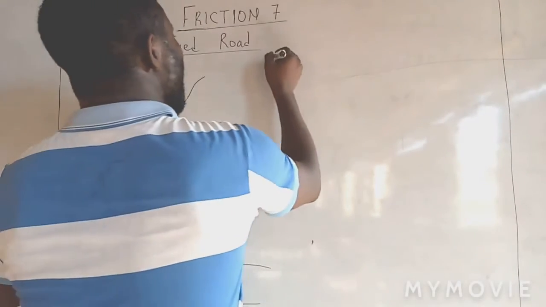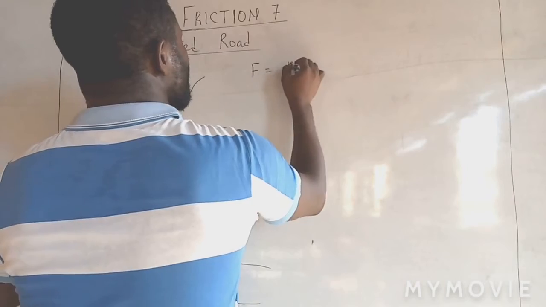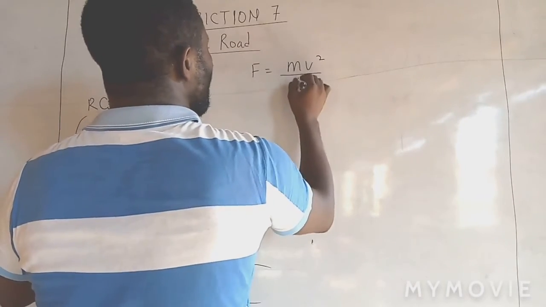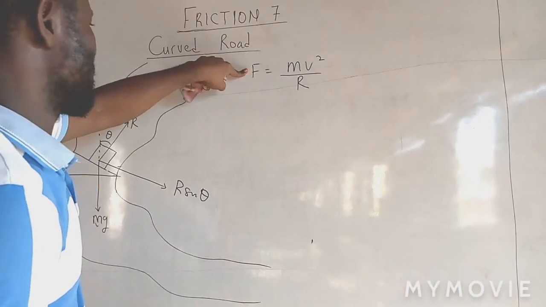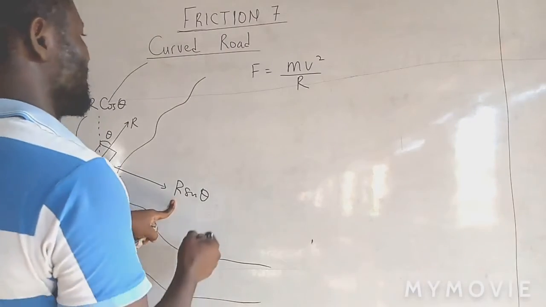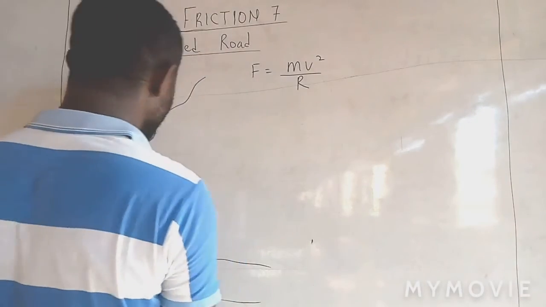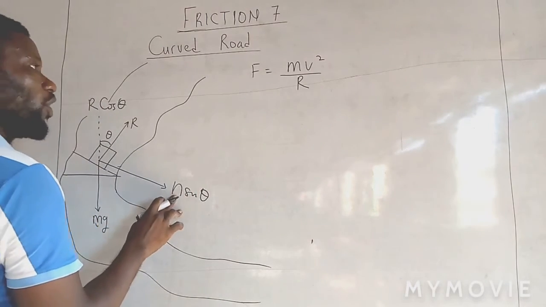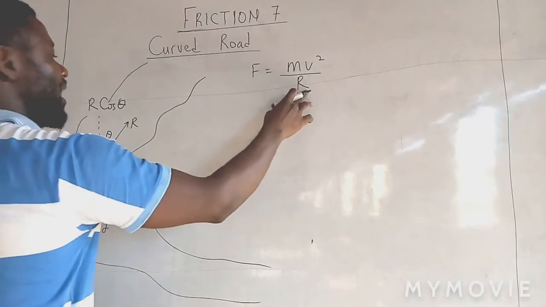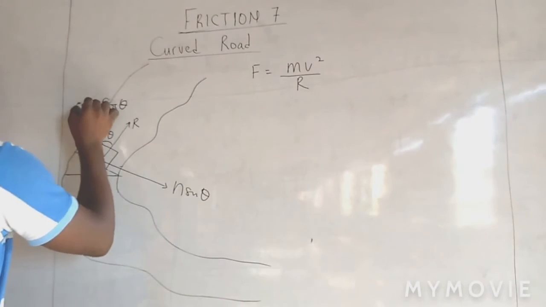F is equal to mv square over R. What provides the force here is R sine theta. But my R here again, I will change it to be N so that there is no confusion between normal reaction and the radius. So I have N here as well.